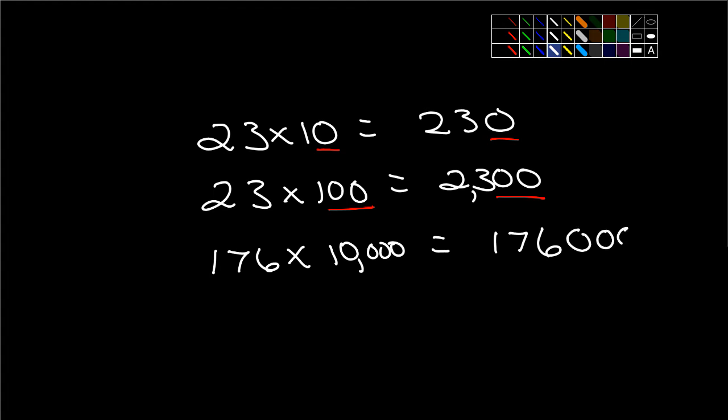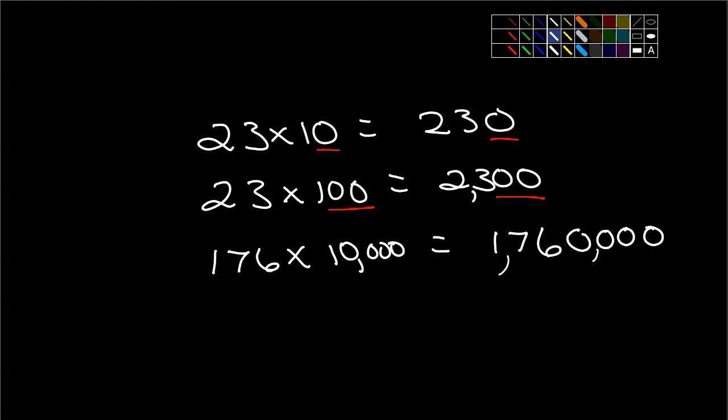1, 2, 3, 4. And I've mentioned before that you know where to put the commas by counting by threes. So 1, 2, 3, put a comma. 1, 2, 3, put a comma. So the answer is 1,760,000.